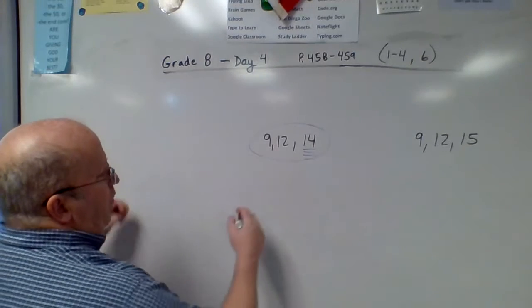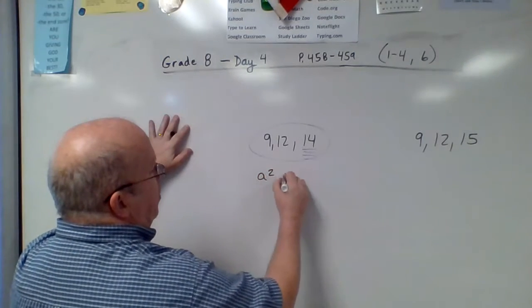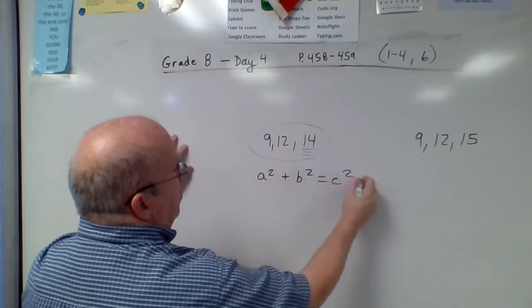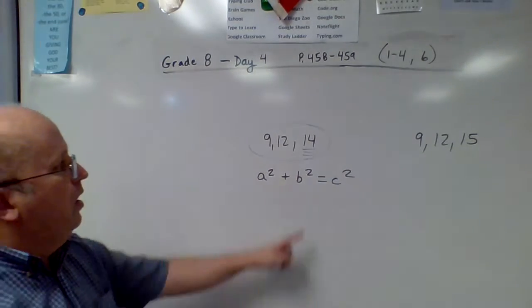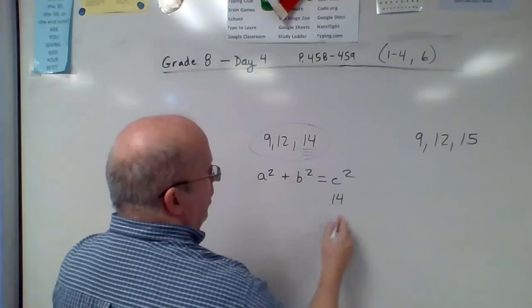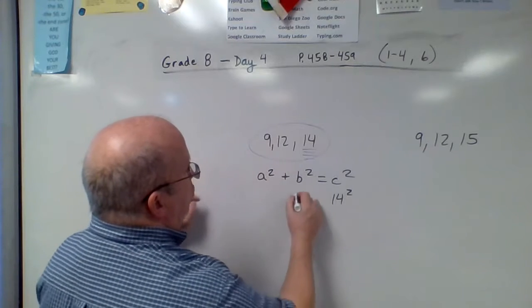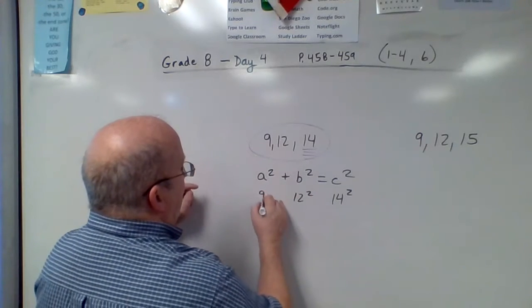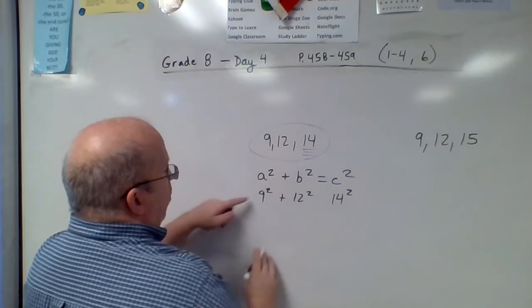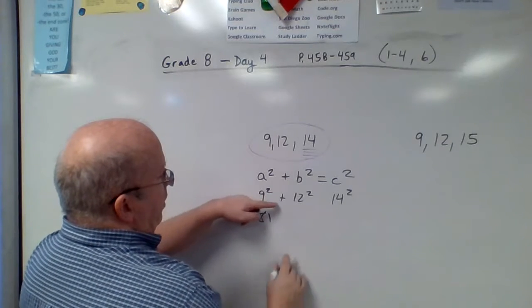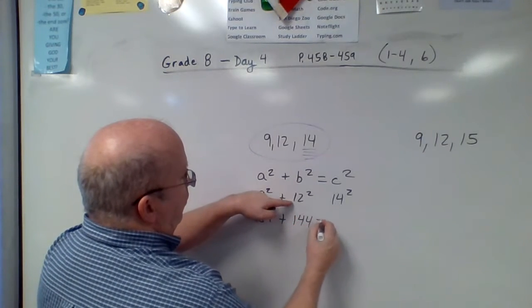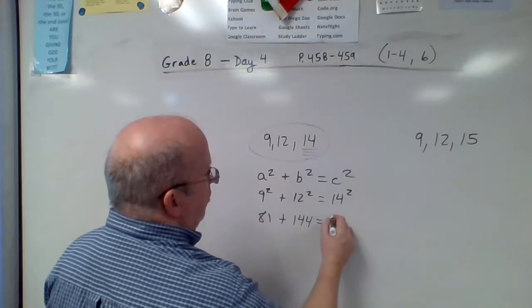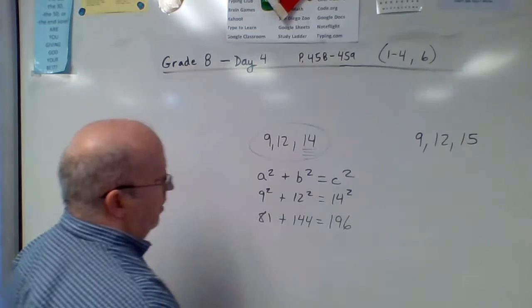I'm going to switch away from purple again. Now, remember from last year and the year before, the Pythagorean theorem. A squared plus b squared equals c squared. We're going to stick that 14 right here. We're going to stick the 12 right here and the 9 right here. What is 9 squared? 81. 12 squared is 144. And 14 squared is 196.